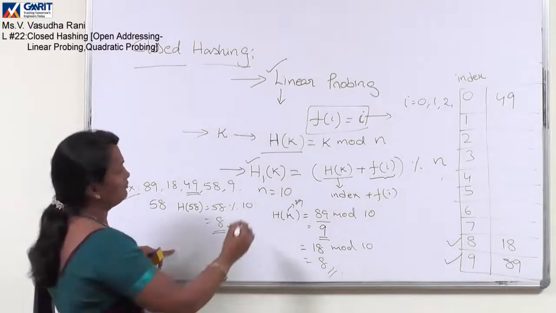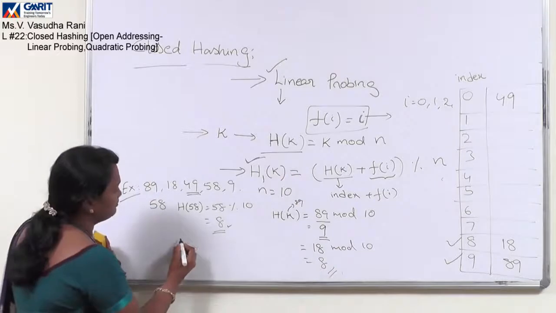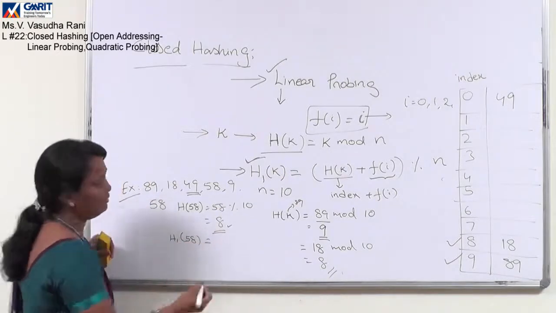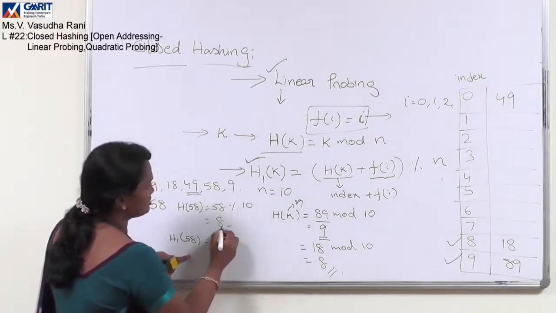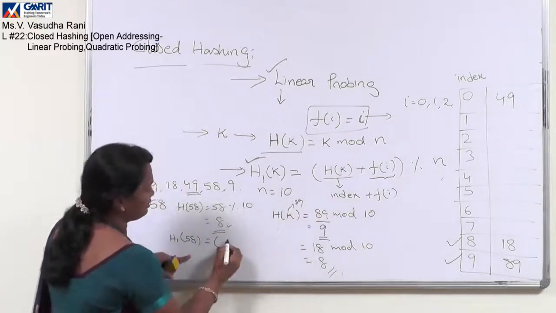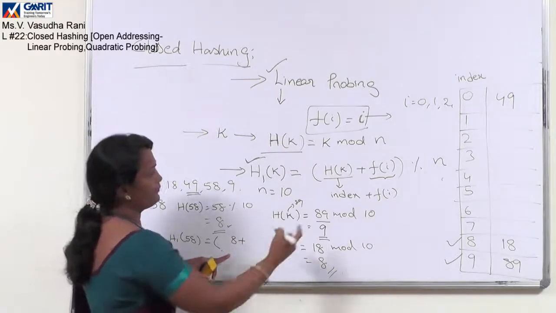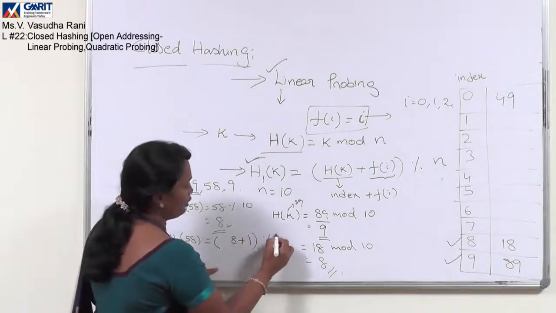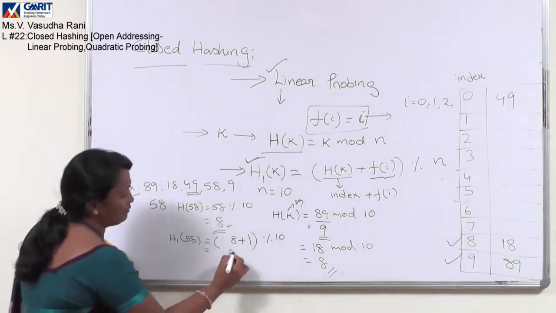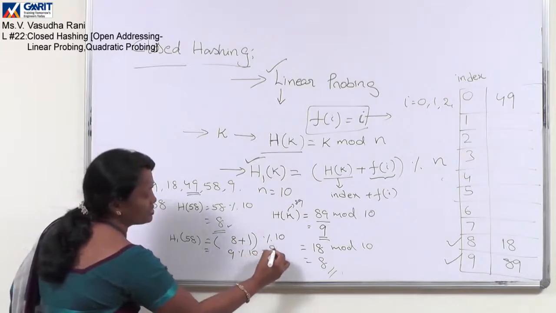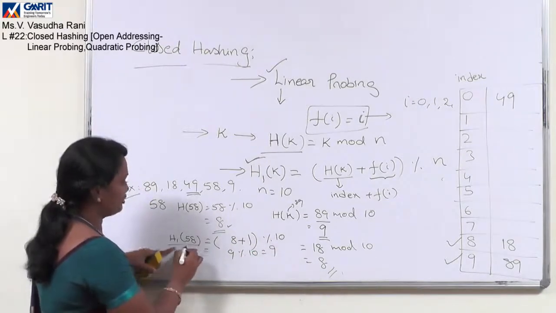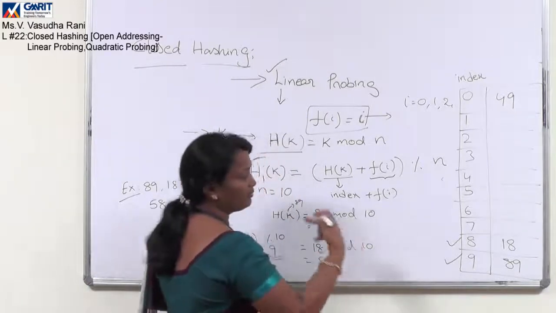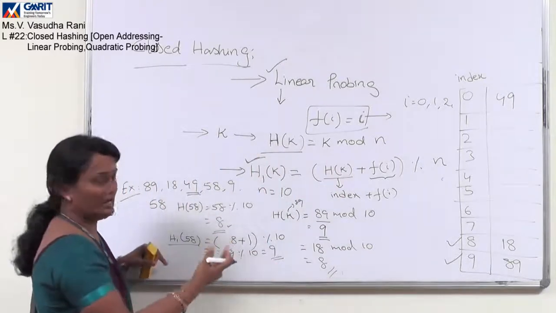Following our linear probing, following this particular formula, we have to define h1 of 58, which is h of k, the resultant value 8, plus f of i. The first value we can take is 1, mod 10, but here we are getting 9 mod 10, which is equal to 9. But this h1 result also creates an index which is already filled.